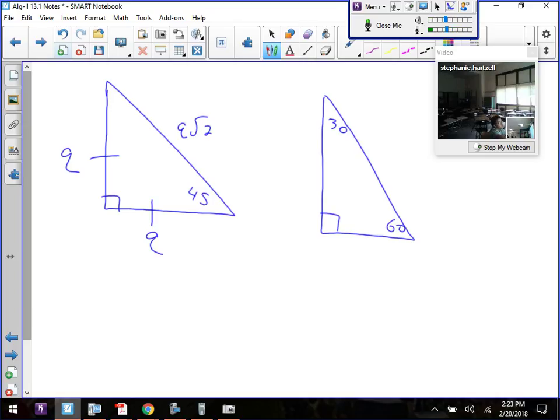Just for fun, because it's always awesome. That's my opposite. That's my hypotenuse. What's the sine of 45? Sine of 45, according to my diagram here, would be Q over Q root 2, wouldn't it?